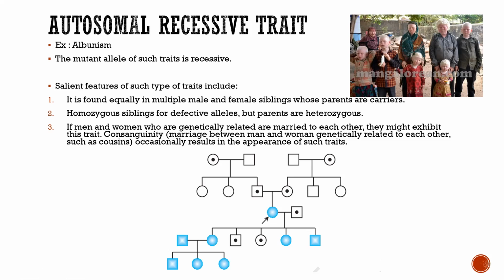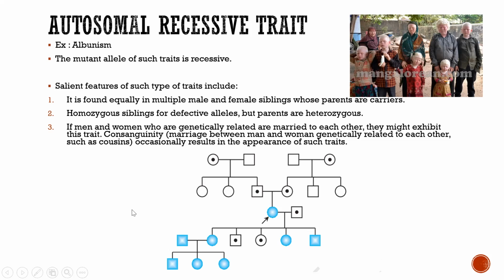Because of which multiple males and females will be affected if the parents are carriers. Homozygous siblings for the defective allele, but parents are heterozygous. Means siblings will be homozygous, this is a homozygous condition for the defective allele, and the parents are heterozygous. They are carriers for that disease.